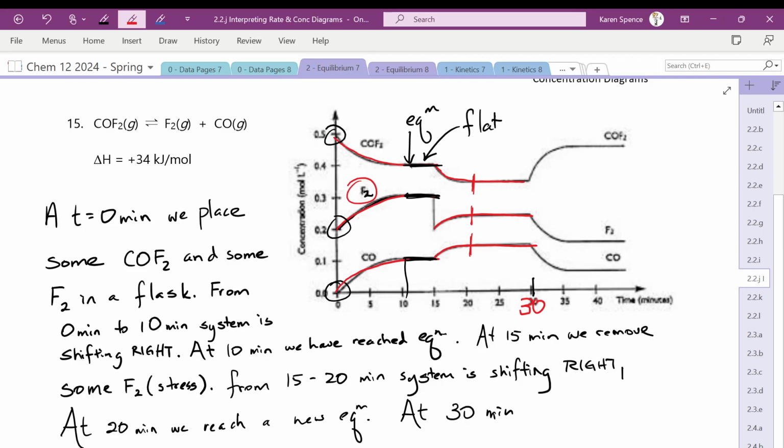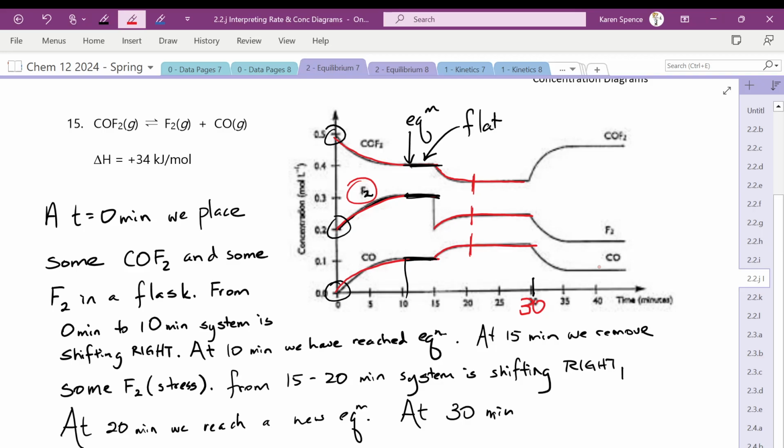What's happening at 30 minutes? Do you see a stress on the graph? Okay. Do you see a shift on the graph? Can you have a shift without a stress?